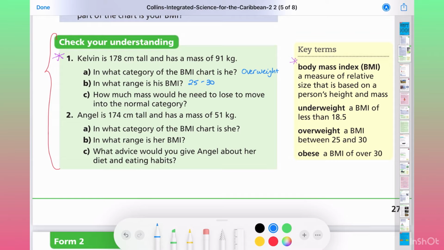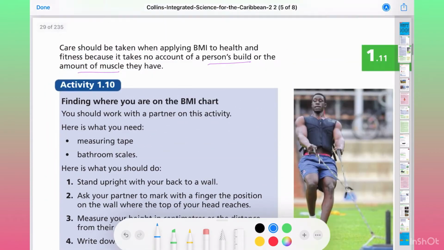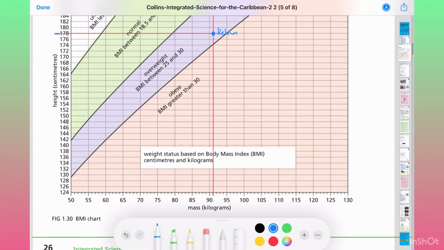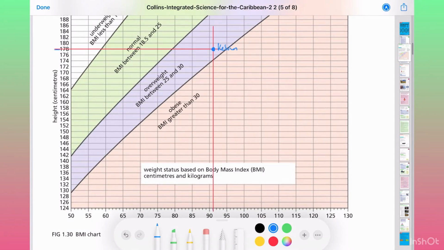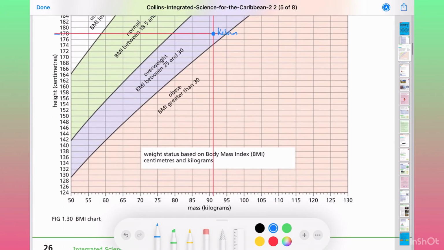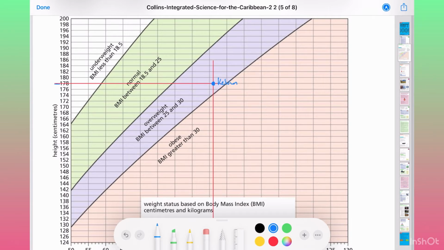How much mass would he need to lose to move to the normal category? So we're going to look for the minimum amount that he needs to move. So Kelvin is here, and in order to get out of the overweight region, we will need to get Kelvin somewhere around here.